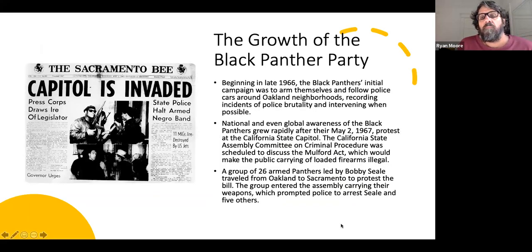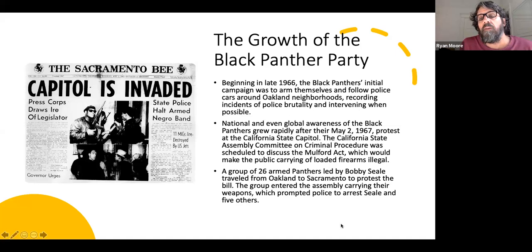So the Black Panthers, as I mentioned, start in late 1966 with this campaign where they're going to arm themselves and follow the police cars around the Oakland neighborhoods. If there's an incident, if the police pull somebody over, the Panthers would get out of the car. They had tape machines to record, and they had also studied the law.